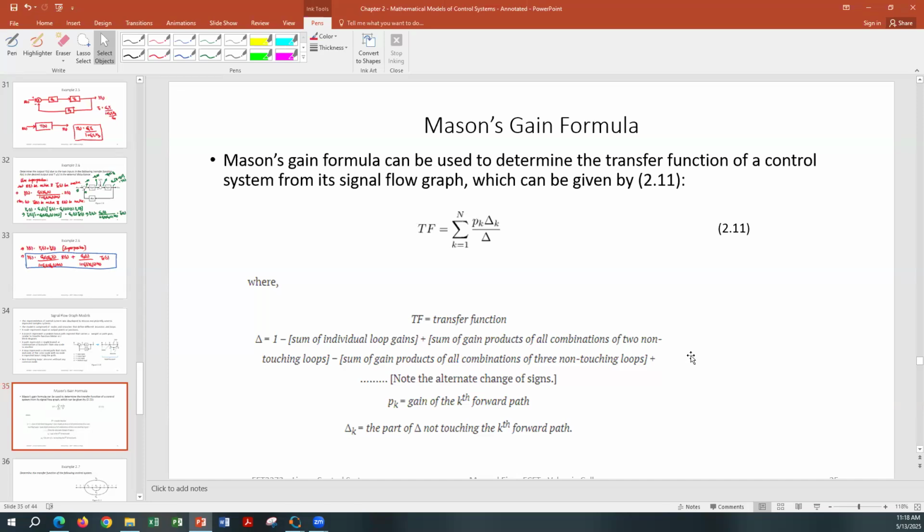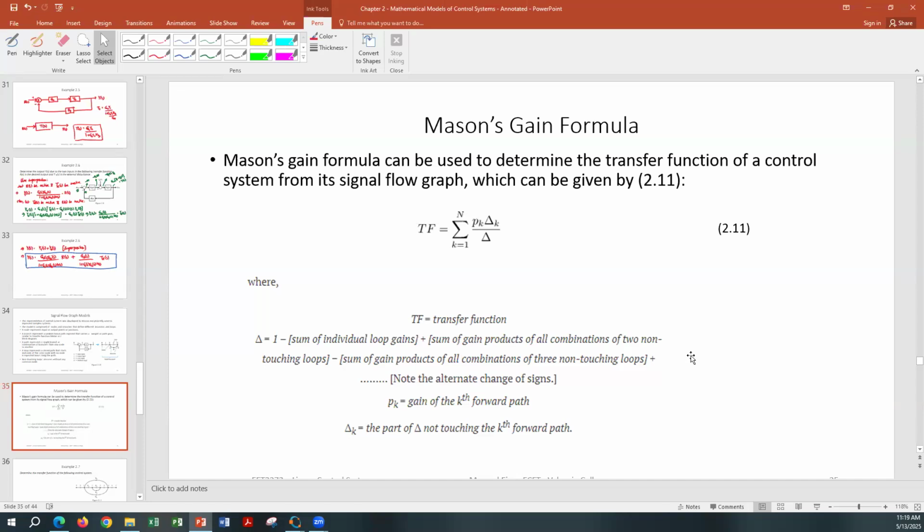Usually we don't go up to 3. In most problems you have 1 minus the sum of individual loop gains, because most of the time your loops are touching each other, as you will see. But in some problems two loops may not be touching each other. In that case, you have to use this term as well.